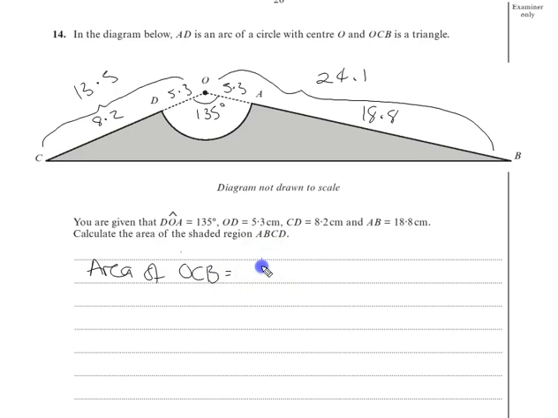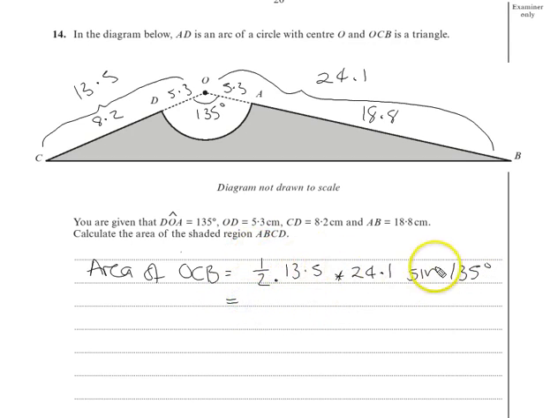Now the formula is half ab sine C. Half a b, these sides with the angle in between. So it's half of this, 13.5, times this length, 24.1, times the sine of the angle in between, 135 degrees.